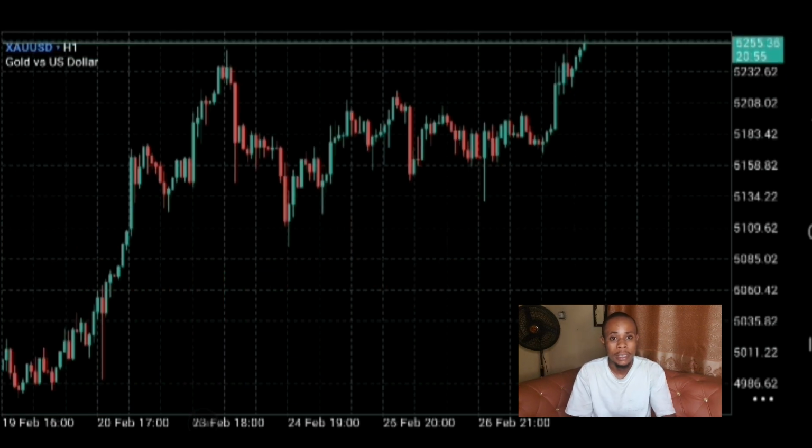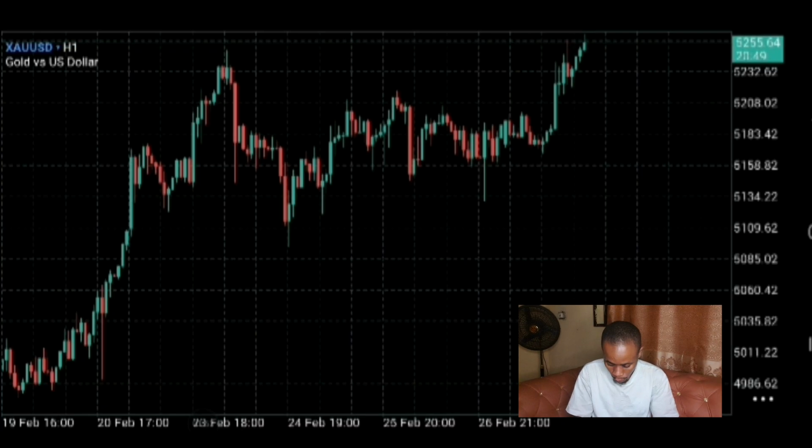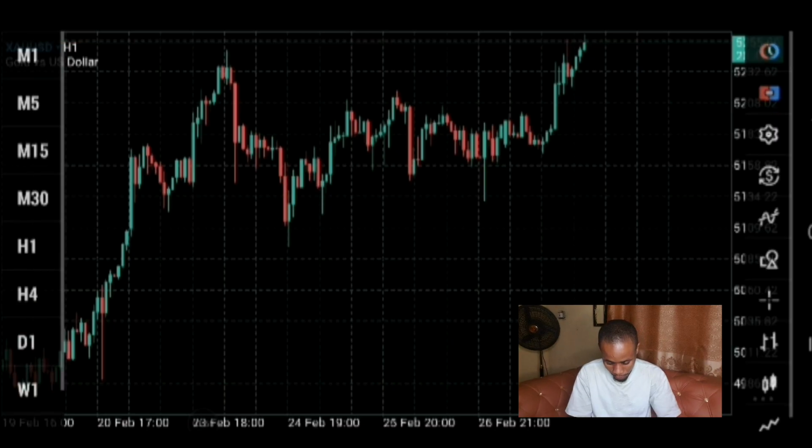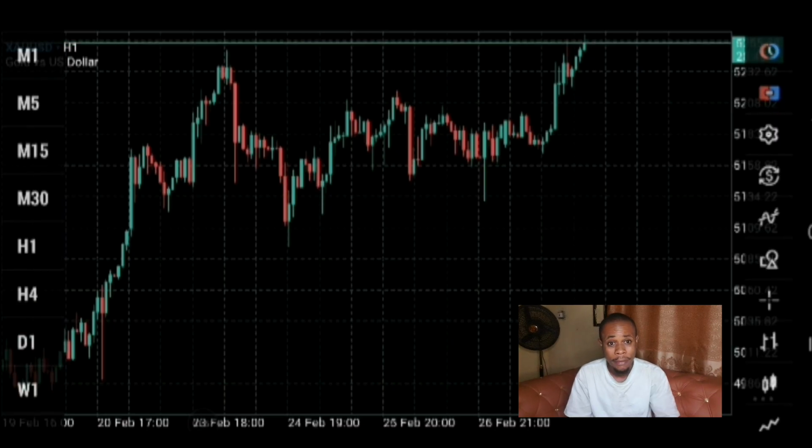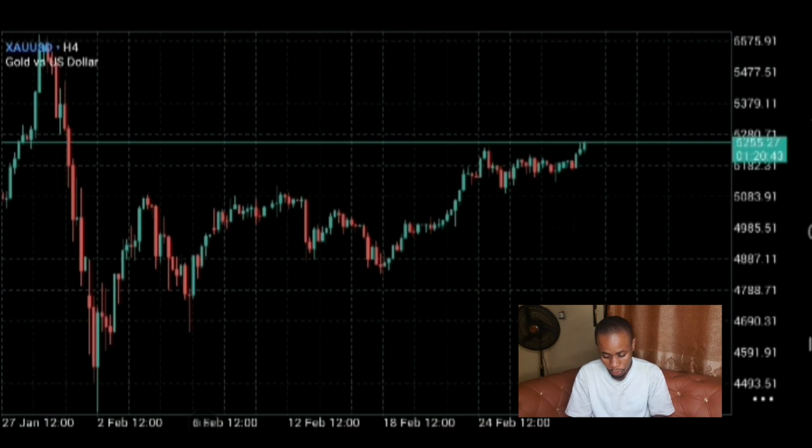So we are going to start with the 1 hour time frame. In the 1 hour time frame, when you're making analysis, make sure you start with a 1 hour time frame or 4 hours time frame. All these are longer time frames. It will help you to understand what was previously happening in the market and the present situation of the market. That's the importance of the 1 hour and 4 hours time frame.